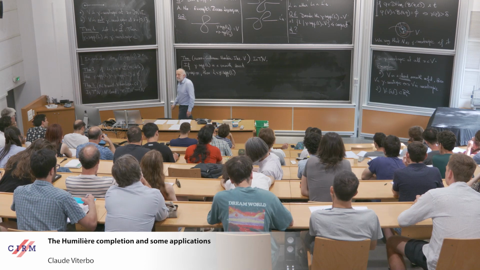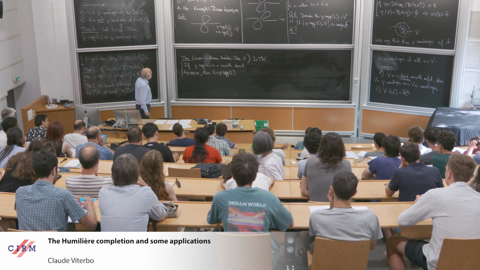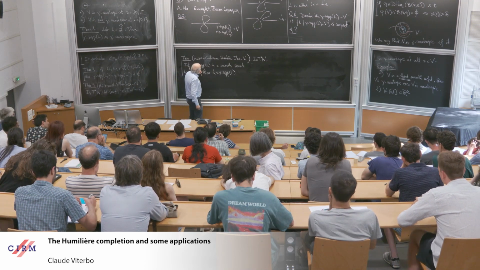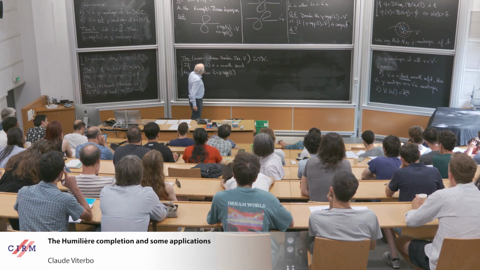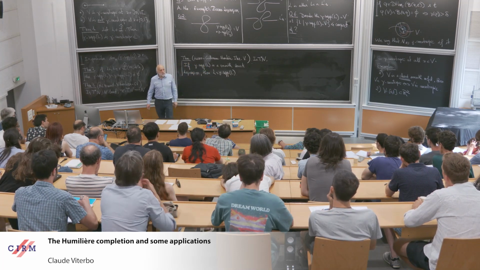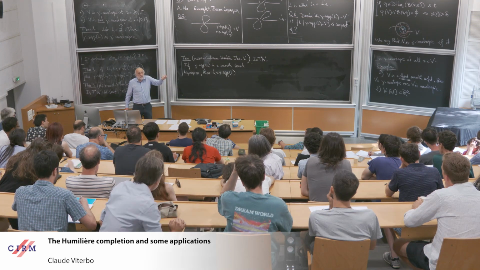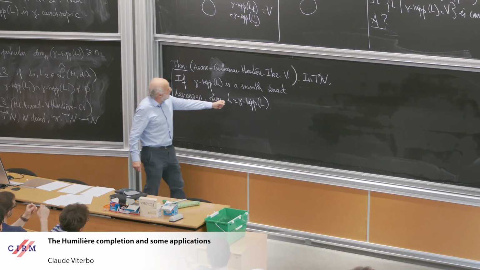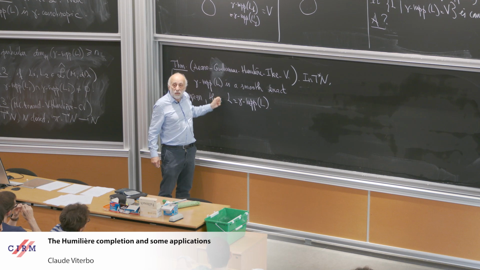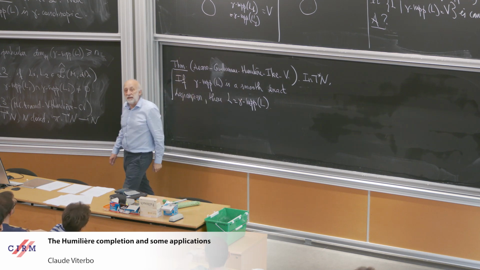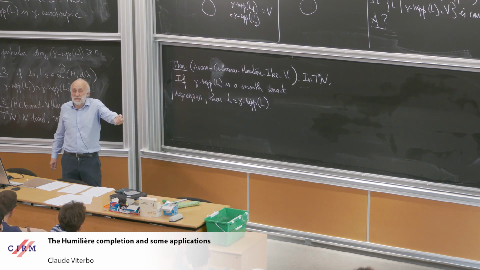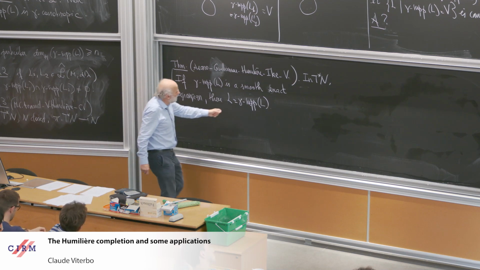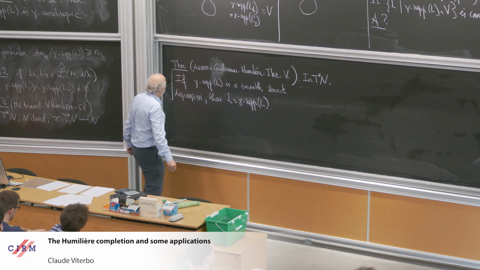Okay. So the gamma support of L belongs to L, so belongs to L hat. Okay. And here I say that the element L, which is a priori in L hat, actually belongs to L, and is of course equal to the gamma support. Okay.